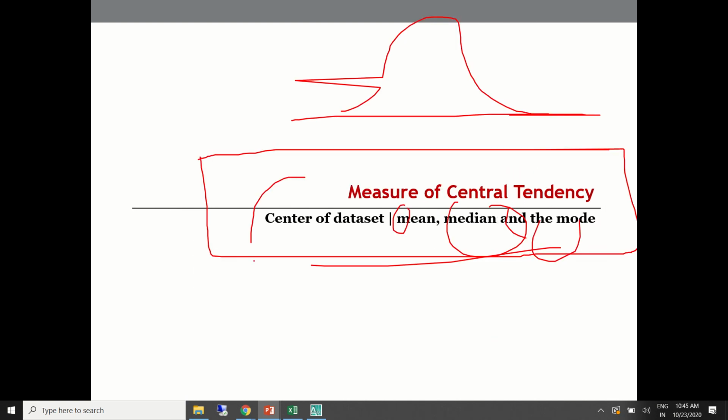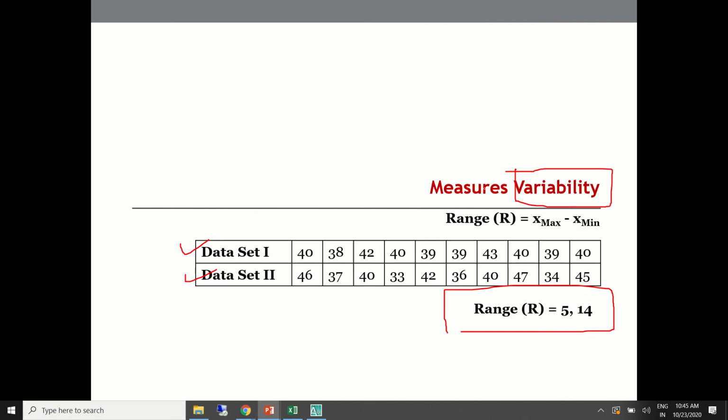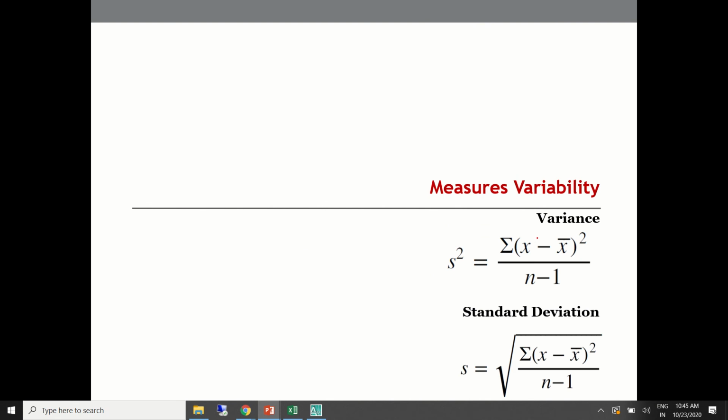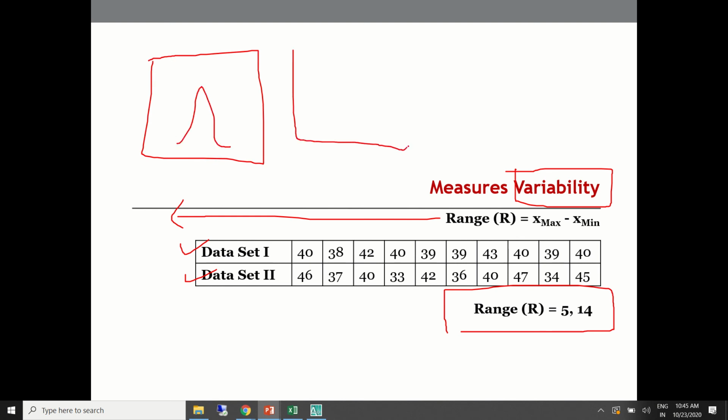So this helps in understanding how the data is spread. Range, and other techniques like variance and standard deviation, help in understanding how the data is spread. If you remember the last plot, for the same data set the diagram is like this. For data set 2, the diagram is something like this.